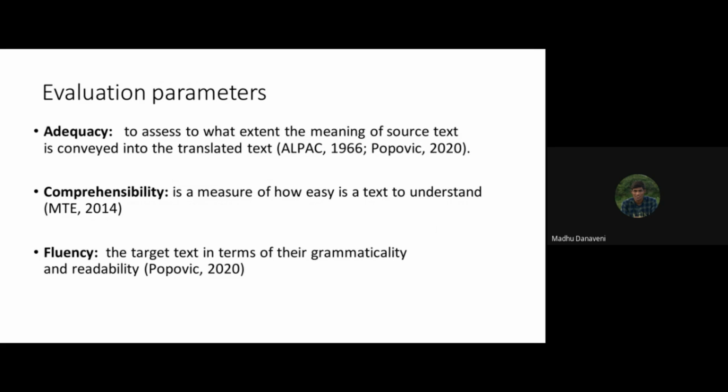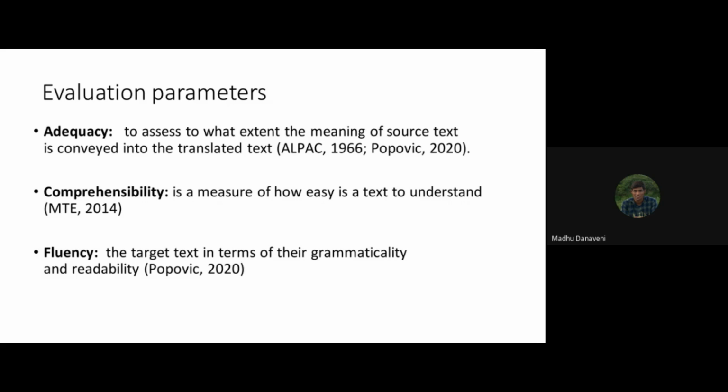Evaluation parameters: these are the parameters we have adopted. These are basically human evaluation parameters, which we have done manually. Adequacy is one of the parameters, assessing to what extent the meaning of the source text is conveyed in the translated text.